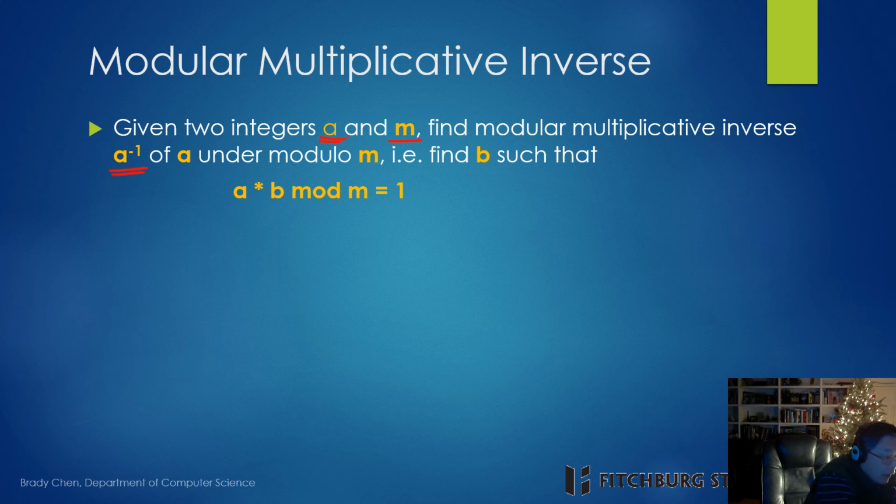We use the notation a to the minus 1 mod n, and we try to find a b such that a times b mod n is 1. This is very important because in RSA key generation, we normally select one key, the first one, a, and then the other key is the multiplicative inverse of a modulo n.